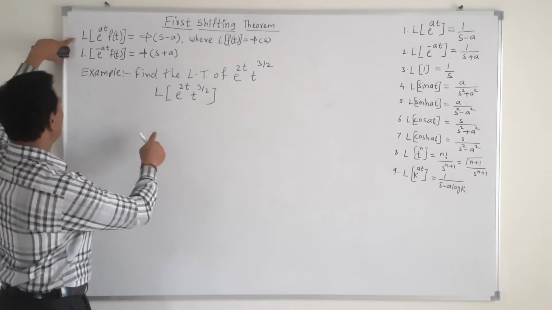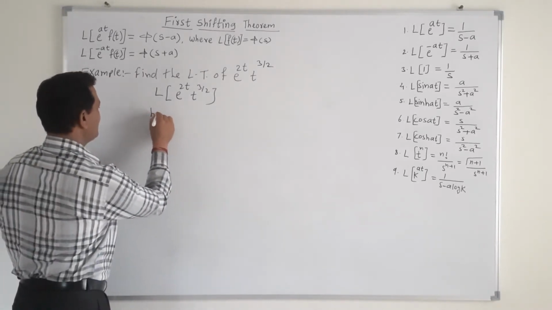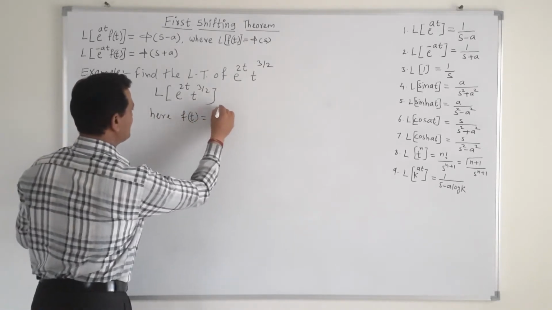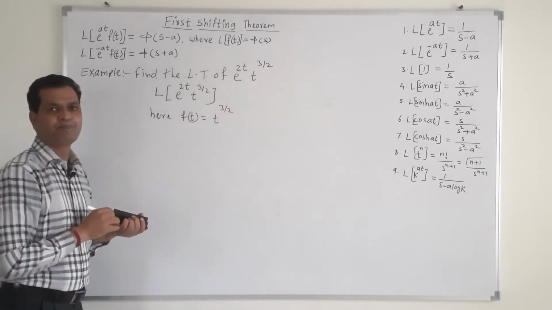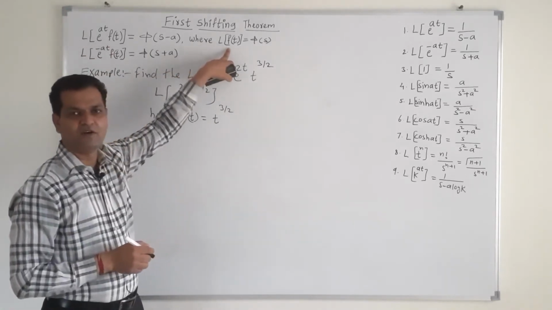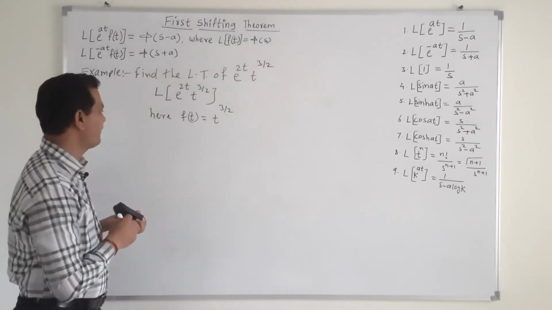If we compare the first shifting theorem and this example, here the value of f of t is equal to t raised to 3 by 2. According to the first shifting theorem, first find the Laplace transformation of f of t, which gives phi of s.